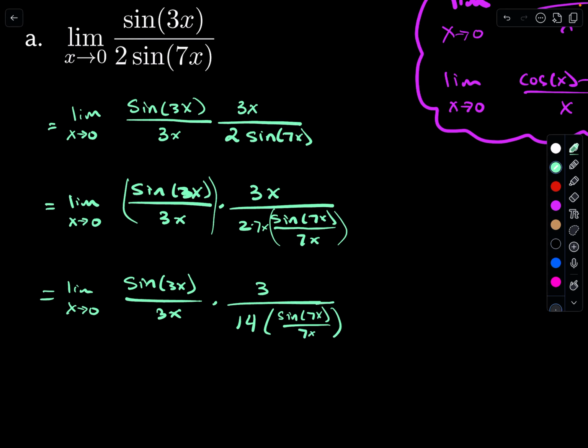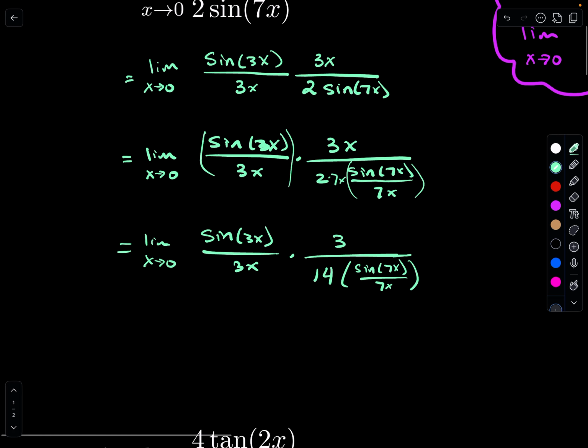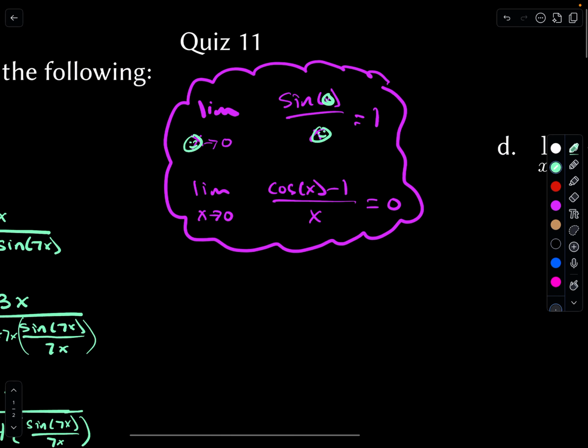Now, without getting into the gory details of this, just remember that when x approaches 0, also 3x approaches 0, and that this limit will be true no matter what you have in here for the argument. You could have x, you could have a smiley face, as long as that smiley face is going to 0. And so I could rewrite this with a bunch of 3x's or whatever I need, but let me get rid of my smiley faces for future.